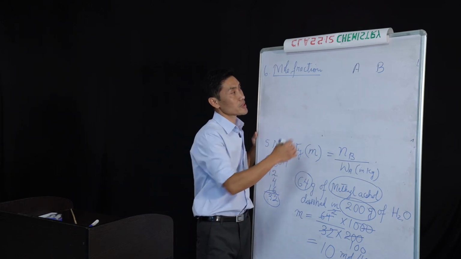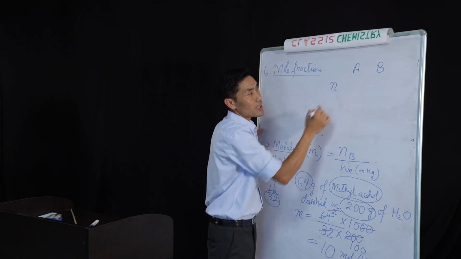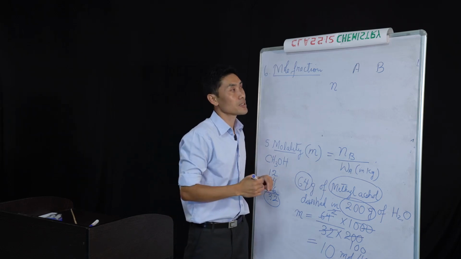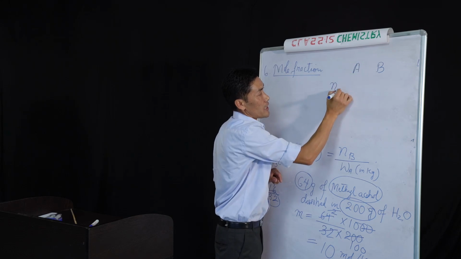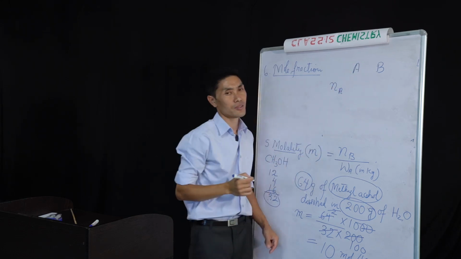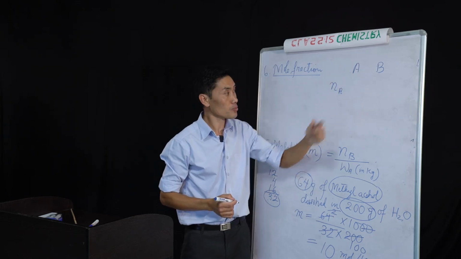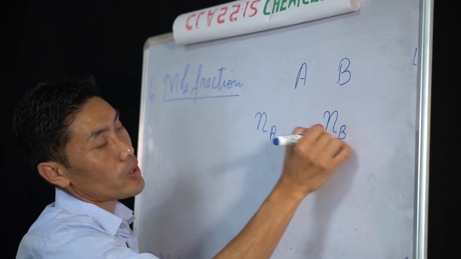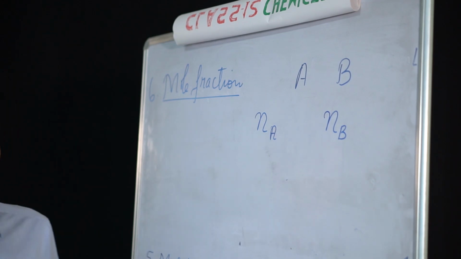As we have seen in the previous exercises, number of moles is given by mass of the component divided by its molecular mass. So number of moles of A will be given by its mass in the solution divided by its molecular mass. Number of moles of B will also be given by its mass in the solution divided by its molecular mass.